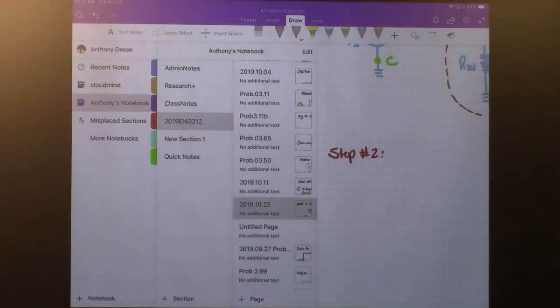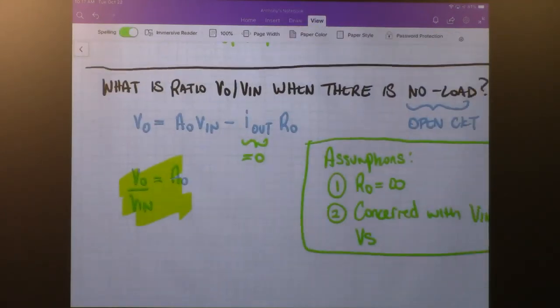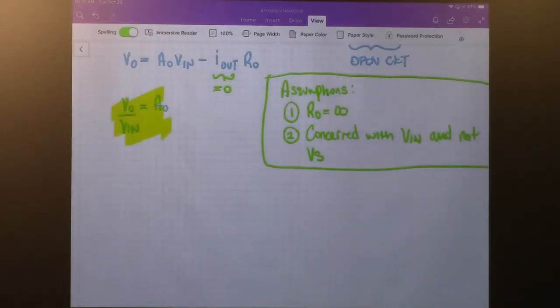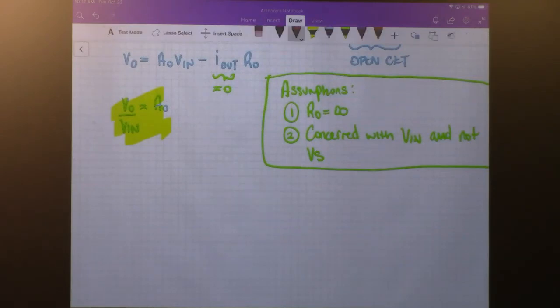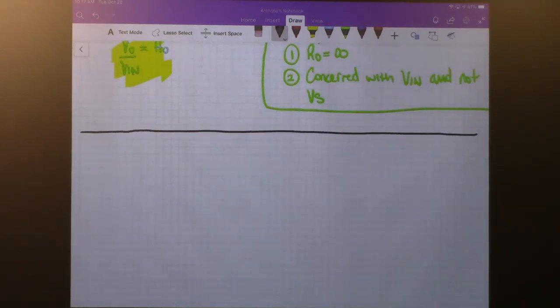There's one thing before we continue on with the circuit that I want to talk about, and those are the ideal characteristics of an op-amp.